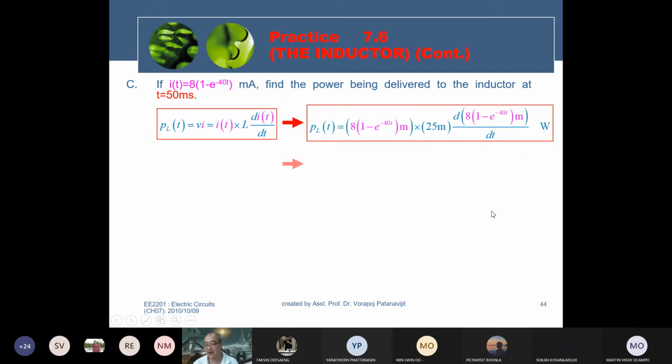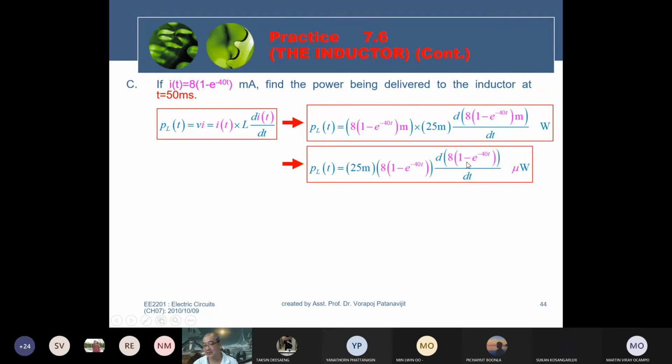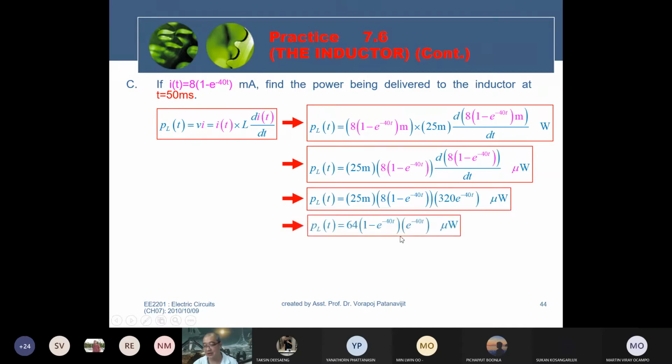Differentiating a constant gives 0. Differentiating A e^(at) gives A e^(at). After that, you substitute them and get the closed form. Therefore, the result will be 60 times (1 minus e^(-40t)) e^(40t) microwatt, sorry.